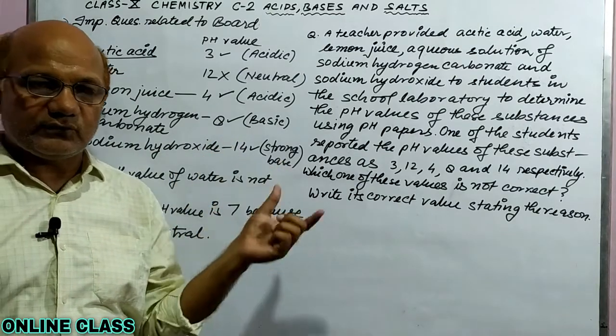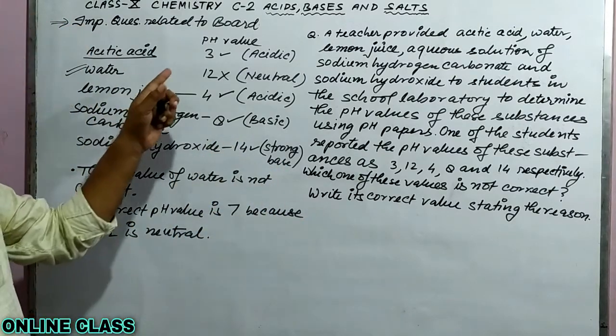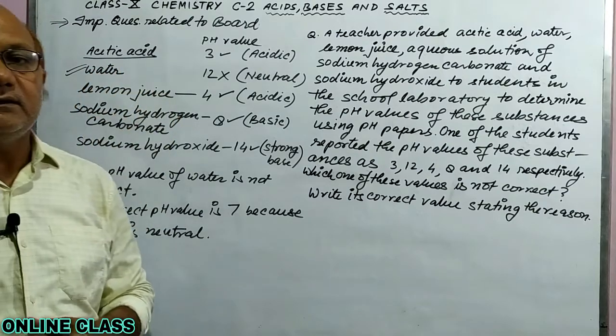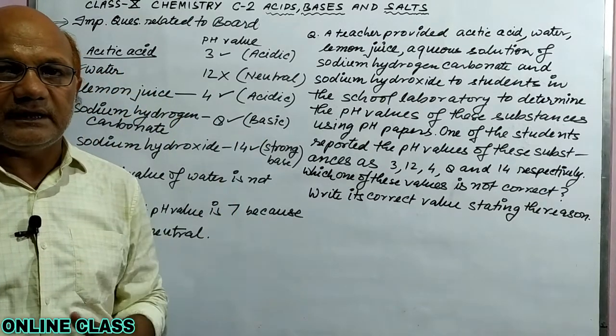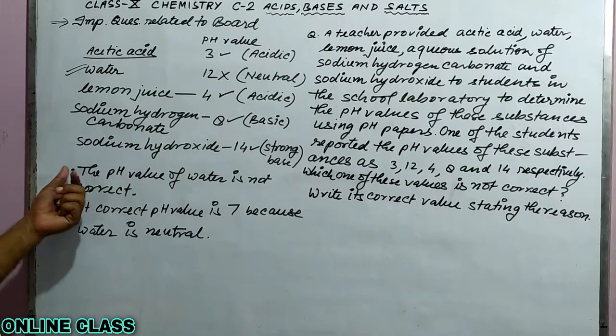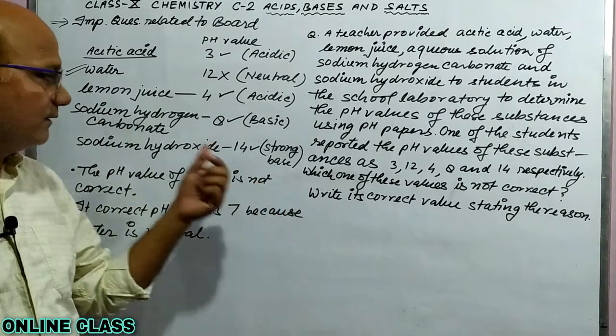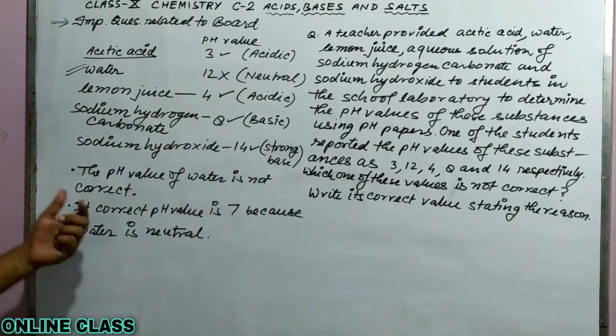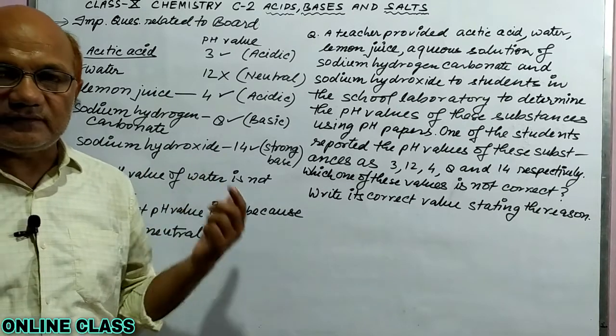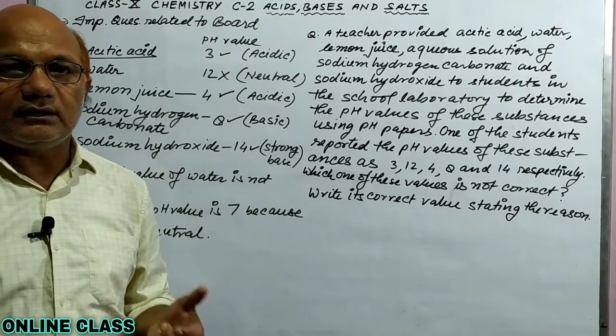So this is also correct. So water has incorrect value which is reported by the student. So the pH value of water is not correct, and its correct pH value is 7 because water is neutral in nature.